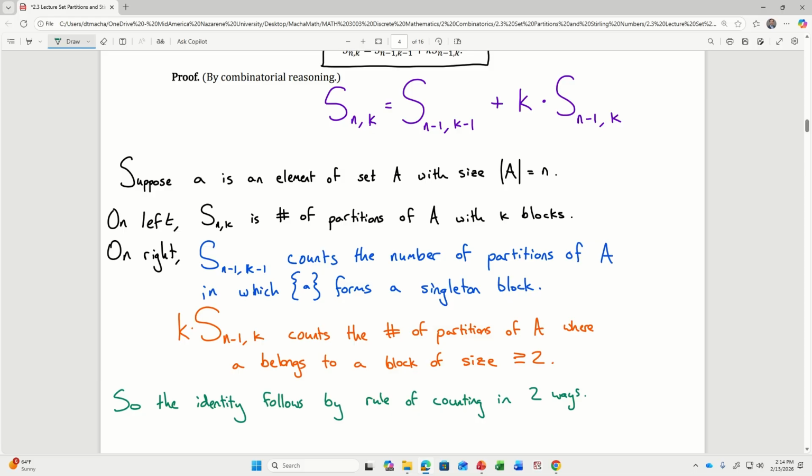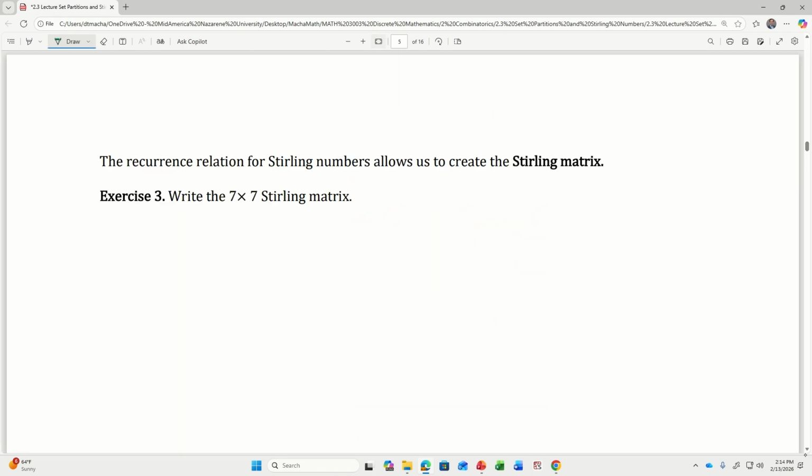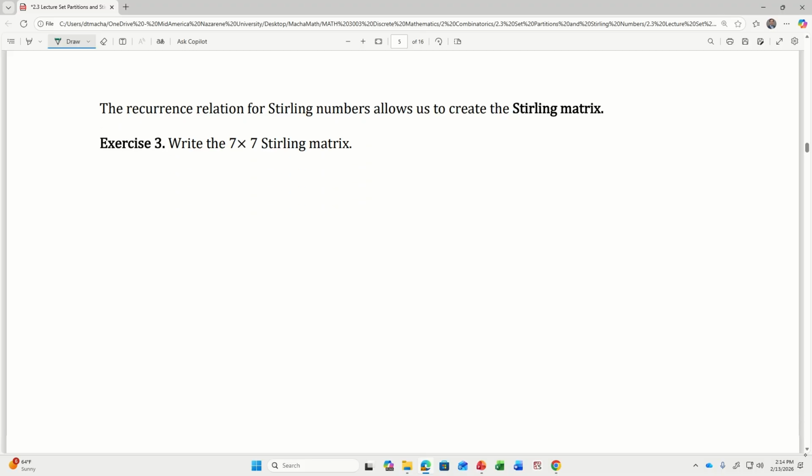Either the element A is a singleton block, or the element A belongs to a block of size greater than or equal to 2. So that covers all your bases, and we're counting in two ways. And so we get this neat recurrence relation. And what the recurrence relation does for us is it allows us to write a Stirling matrix.